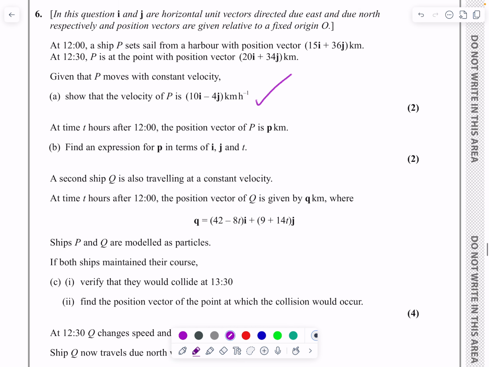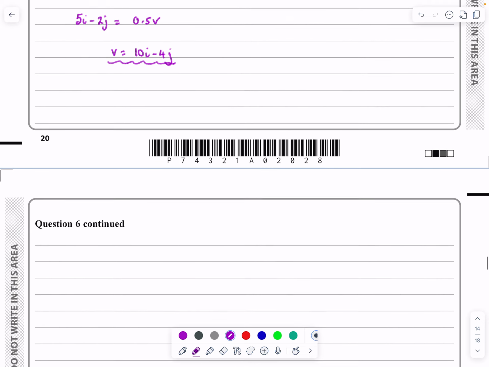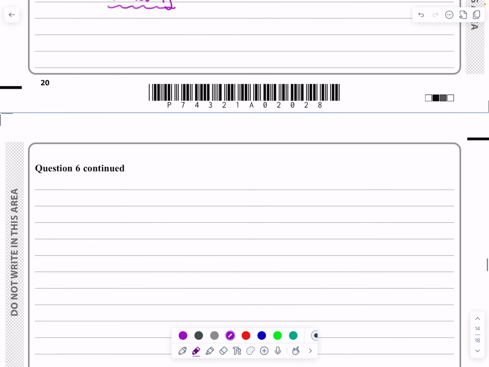Okay, for part B, it says at time t hours after 12, the position vector of P, little p, is given by i's, j's and t's, can we say what that is? Well, that's exactly what I've just said here. So part B should be pretty straightforward: r equals r0 plus vt.